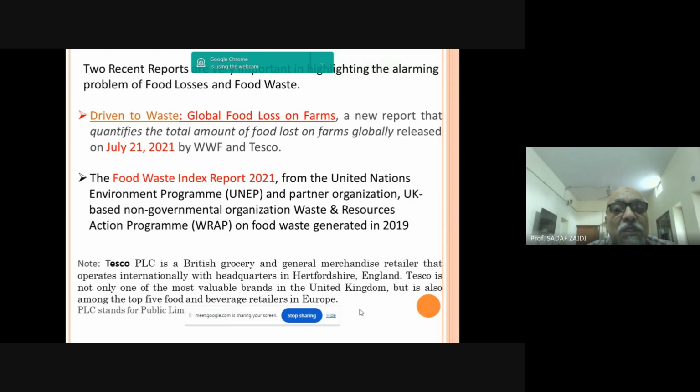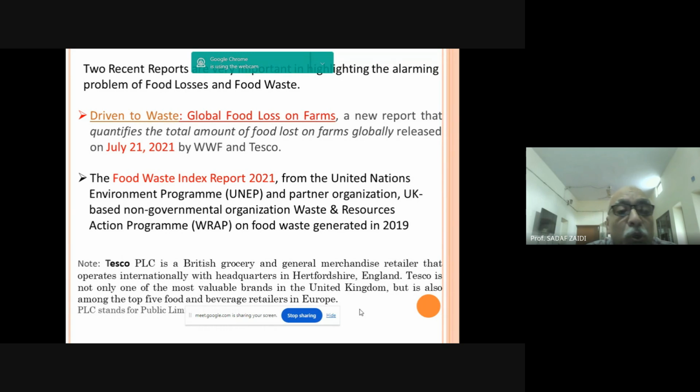I am going to discuss these two reports to a certain extent. जो कि एक फूड लॉसेस पर है और एक फूड वेस्ट पर है, तो ये बहुत रीसेंट है और इनके बाद कोई ऐसी कॉम्प्रिहेंसिव रिपोर्ट नहीं आई है. They have thrown light on the magnitude of the food losses and the magnitude of the food waste. हम लोग समझते हैं food loss छोटी सी चीज है, food waste छोटी सी चीज है.